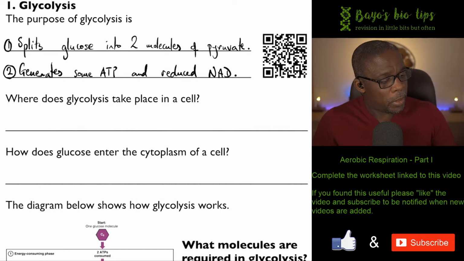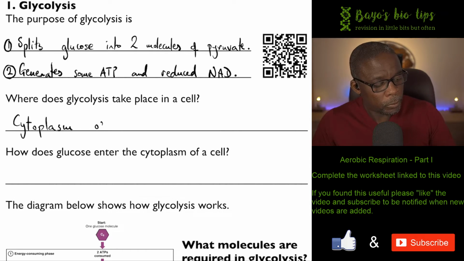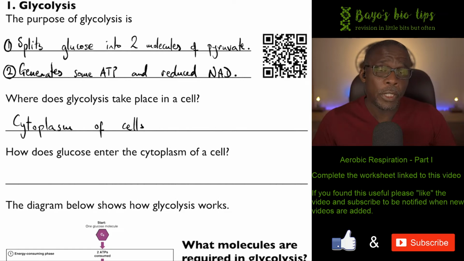Okay, so where does glycolysis take place in a cell? Glycolysis takes place in the cytoplasm of cells. And how does glucose enter the cytoplasm of cells?